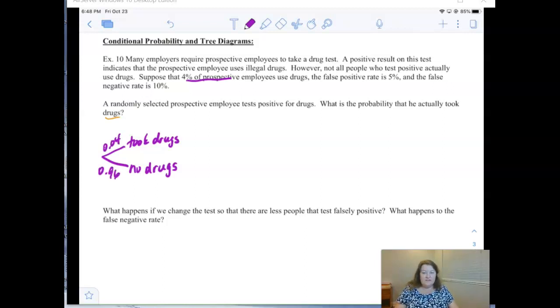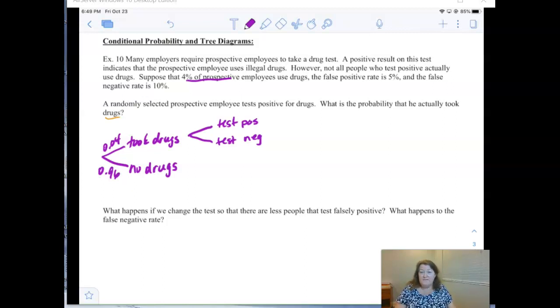Okay, so once they took a drug, they could either have tested positive, or they could have tested negative for the presence of the drugs. Okay, so if they took drugs and they tested positive, that's what you would expect to have happen. That means the test would work right. If they took the drugs and they got a negative test, that means something happened wrong.